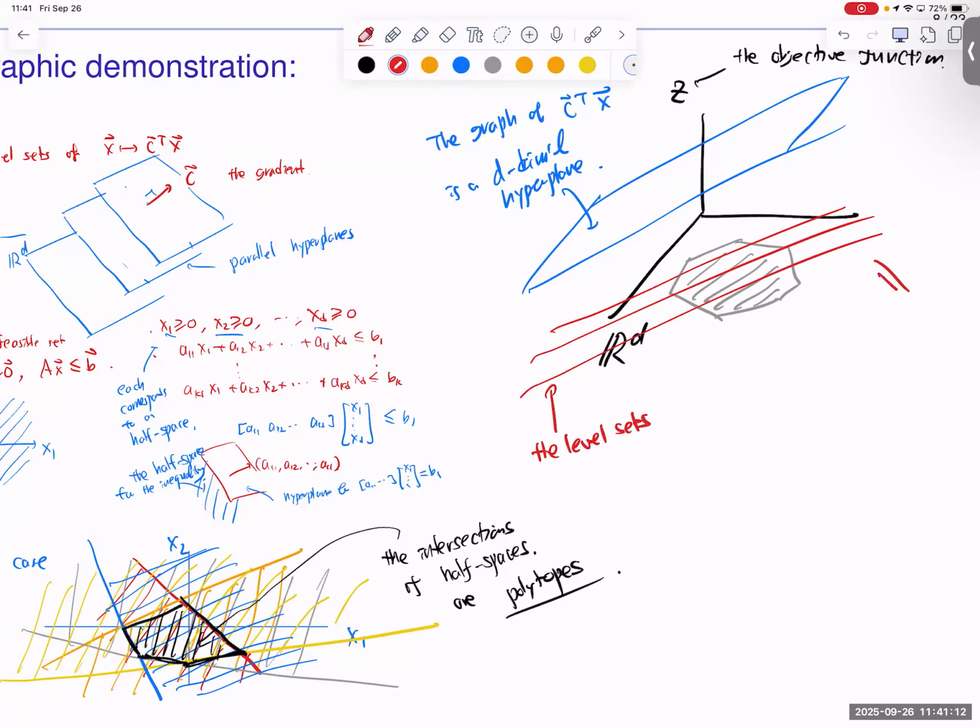And let's say this is the gradient direction, in this case c. Okay. Then you can see that if you consider level sets, there will be this point having the largest value. Okay, so that's the optimal solution.